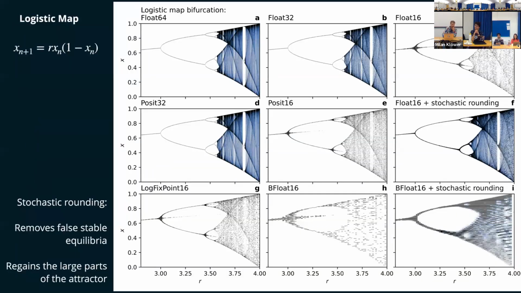Obviously these bifurcation diagrams really only work with very low dimensional systems. And with something like a shallow water system, depending on your resolution, you would have millions of independent variables that you can't put into such a graph.